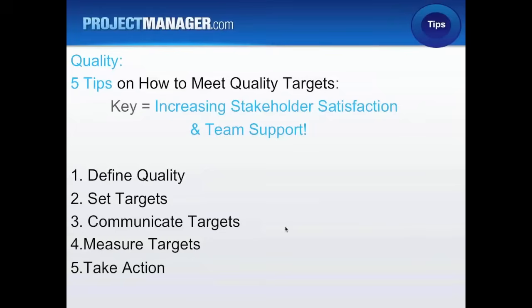I've got a mentor who says version 1 is better than version none, meaning get something out there. Don't try to make it perfect, because if there's a great need for something, then it's better to get the product out there, and then you can always improve it along the way. So define for your project what the quality parameters are.